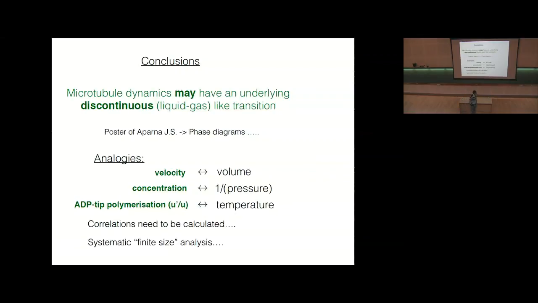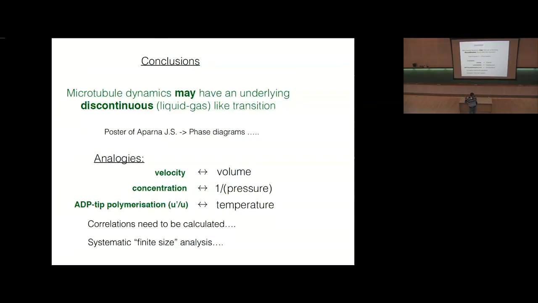Can you also make a prediction for this frequency from your 1D model? The values? I don't remember. You remember? The frequency? Their numbers are there. Rescues also? Because rescues and catastrophes in your model are kind of equivalent, right? I mean, one is not biased against the other. No, the rescues have a different concentration dependence than the catastrophes.